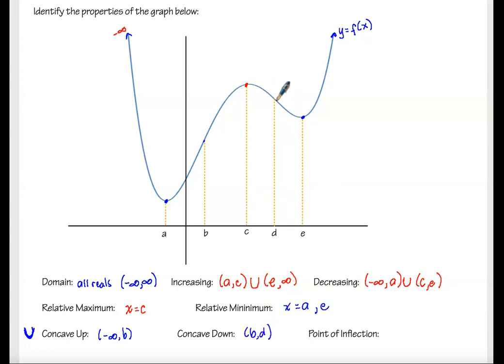And then another concave up from D to infinity. And again, we use that U, union.